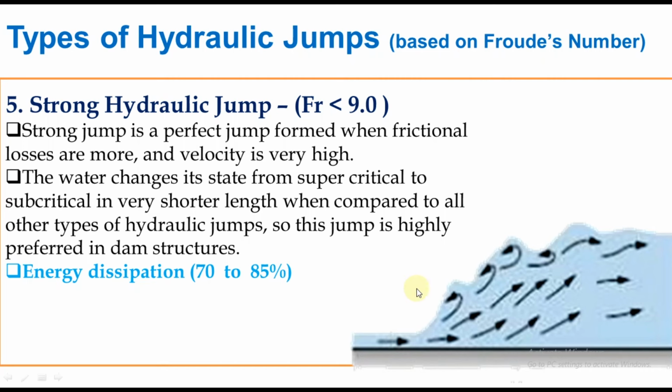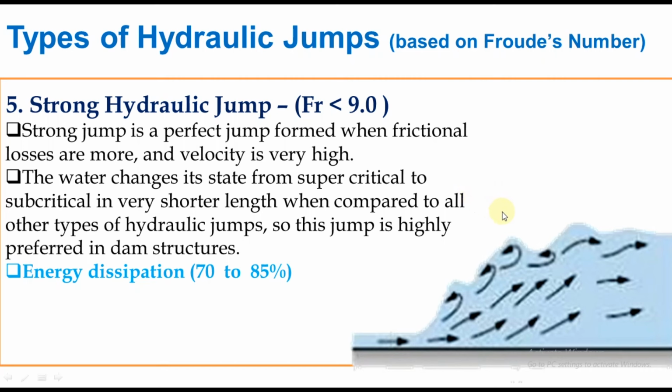In this case, velocity and turbulence are very high, and frictional losses at the channel surface are also high. With this higher frictional loss and higher velocity, the jump changes the depth of flow to a certain extent, which is much greater than in the previous cases.